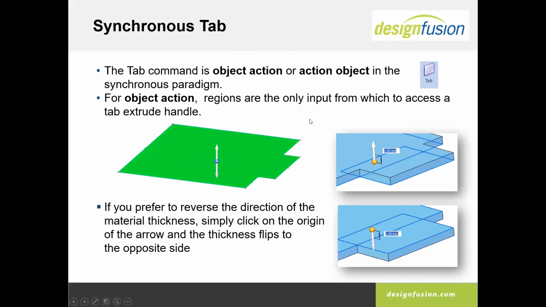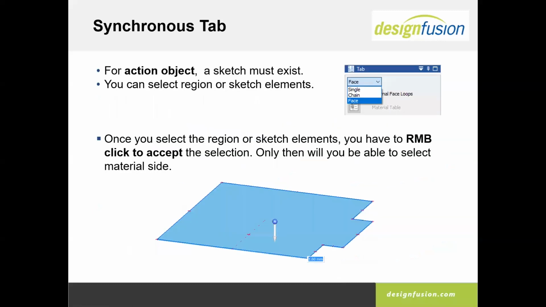So similar to the extrude command in the synchronous part, we have the tab command, which can be object action or action object. So basically what that means, you can pick the tab, select the sketch face or the region, and then go through your distances, or you can select the object first and then use the handle or arrow here to create a tab.